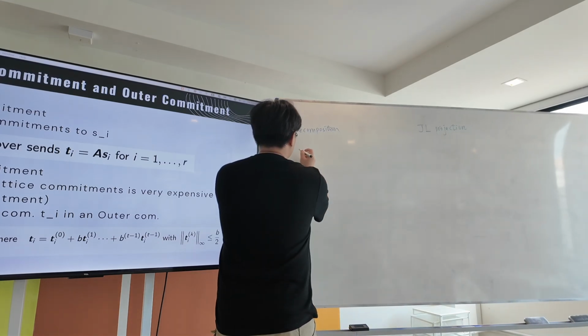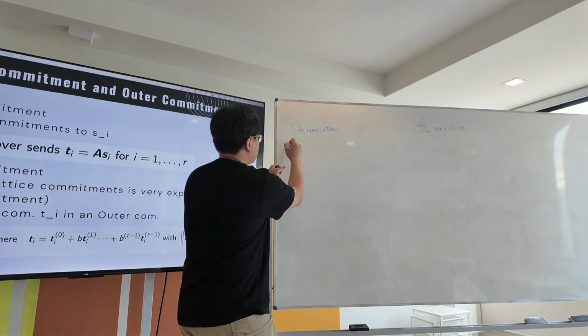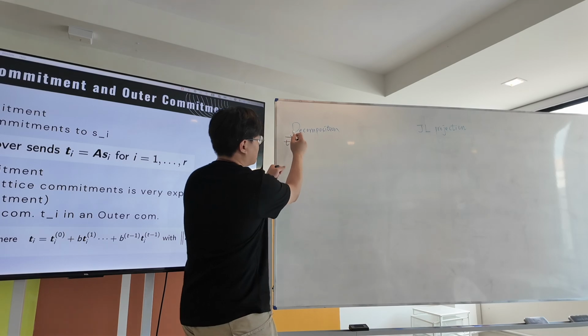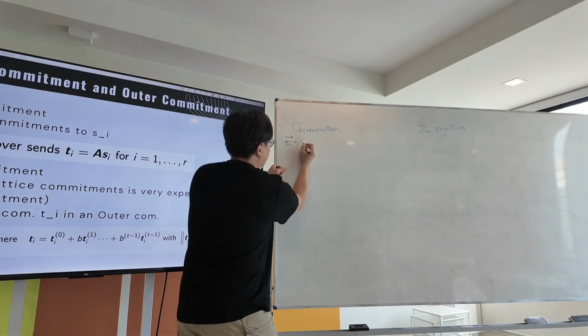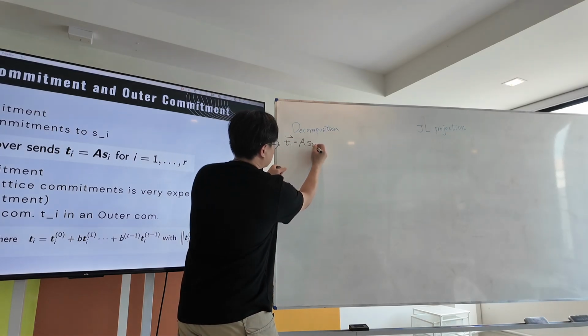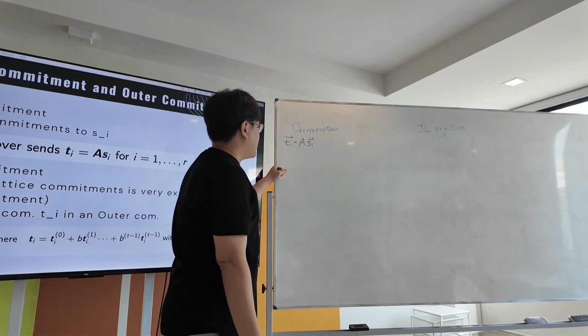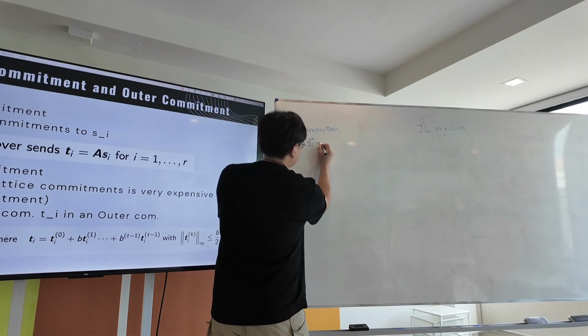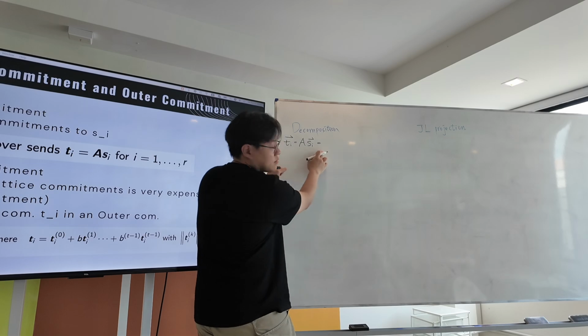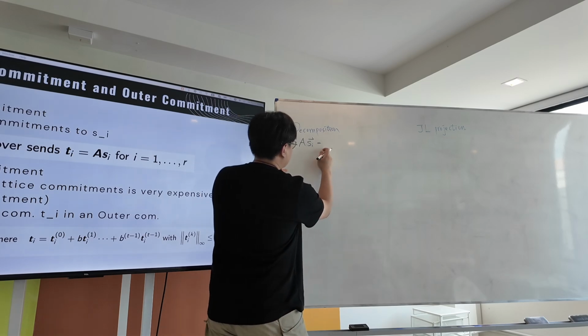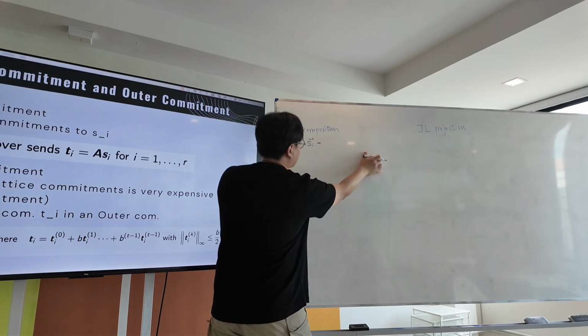All right. Ti is a vector, and we want to decompose it into this form.